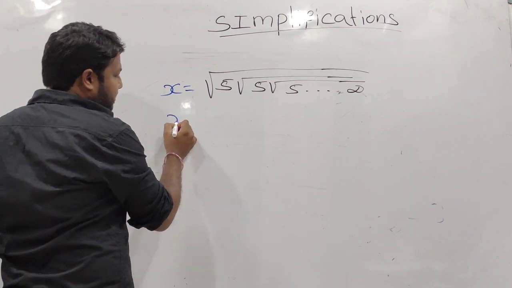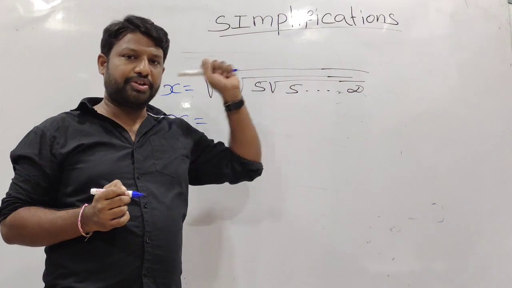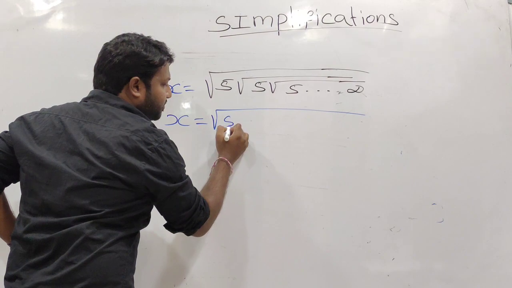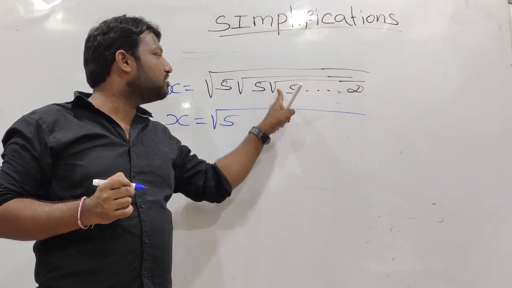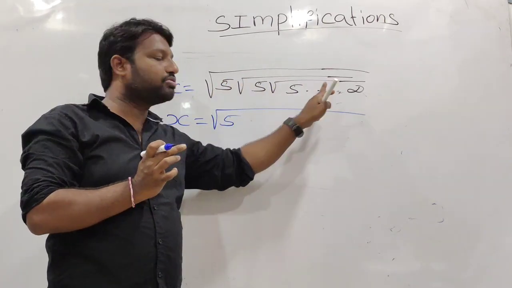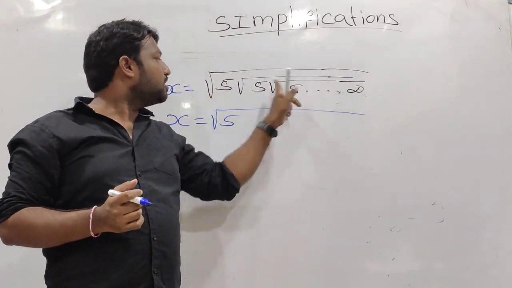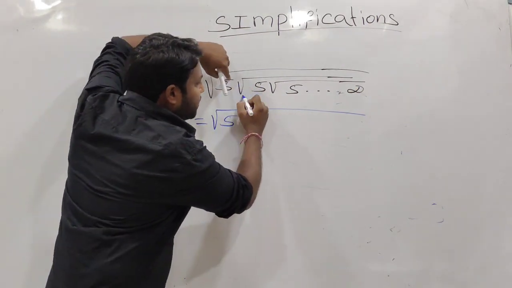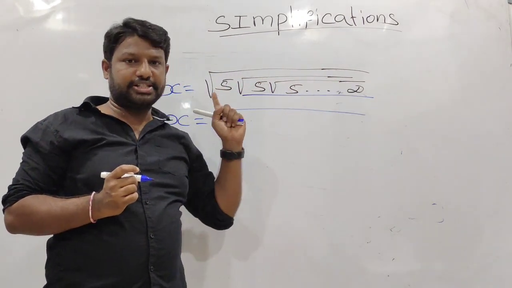So x is equal to root 5, and so on up to infinity terms. I am taking this root 5. Next, it is continuously repeating: root 5 keeps coming. So leaving this one term, the remaining root 5 and so on up to infinity we can also take as x, because x is equal to root 5 so on up to infinity, and the series is up to infinity.